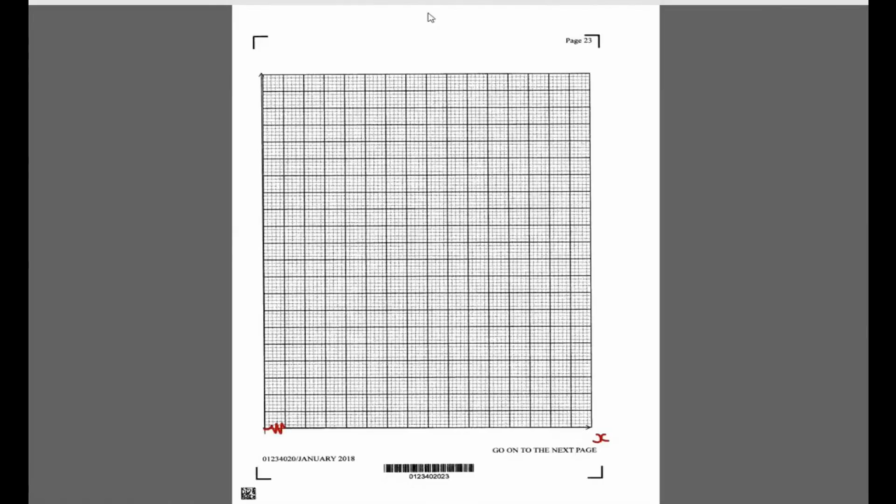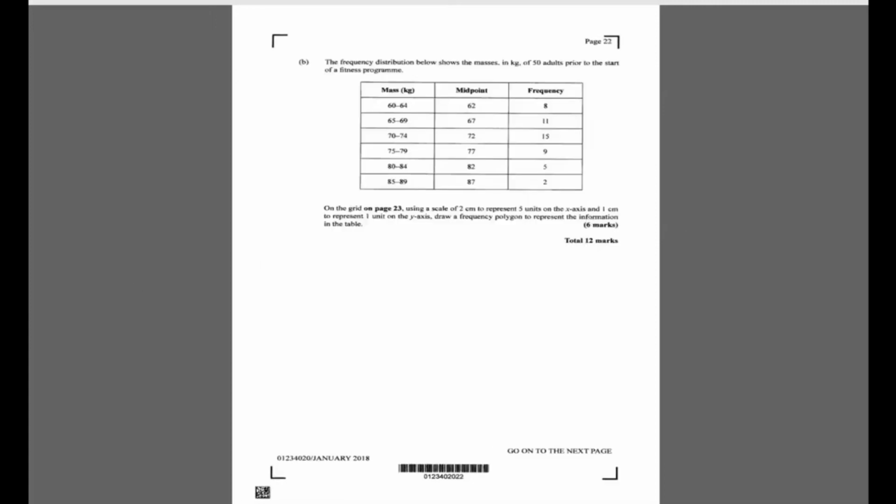They said to use 2 centimeters to represent 5 units on the x, and then 1 centimeter to represent 1 unit on the y.